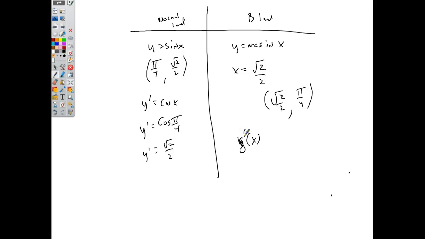No. Oh, we should be consistent. Make it f of x then. Then f prime of x equals 1 over root 2 over 2, or 2 over root 2. Flip and multiply, I get 2 over root 2, and multiply top and bottom by root 2. I get 2 root 2 over 2, which is root 2.